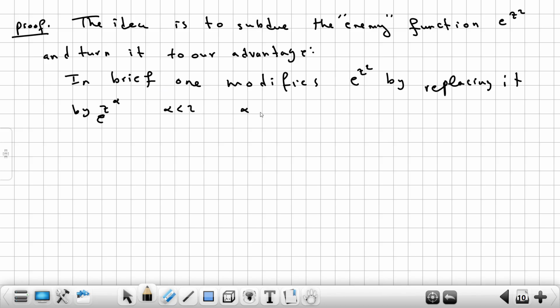We can assume that alpha is equal to 3 over 2 for simplicity. Now, suppose that epsilon is positive, and consider the function F epsilon of z equals F of z times e to the power minus epsilon z power 3 over 2.